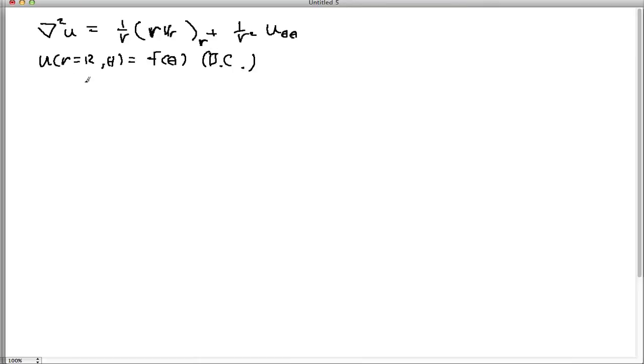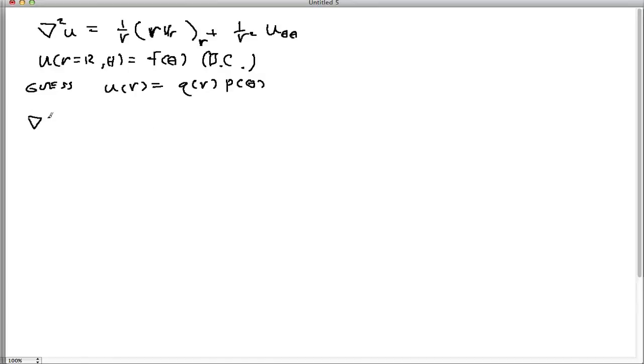Okay, so with these two together, we're going to do what we normally do, which is guess that u of r, theta is equal to Q of r times P of theta. Okay, so we always have our P's and our Q's, and then we're going to apply our normal trick of plugging it in.